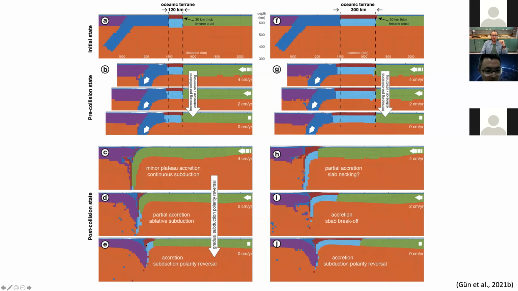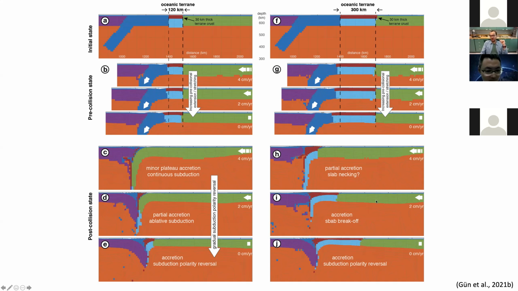It's not easy to subduct this one because it wants to stay on the surface, right? It's due to its buoyancy. So it holds this part up, but not the overriding plate part. Because of this bending, now with the collision, we see the polarity switch and the overriding plate starts to subduct and changes the polarity of the subduction.